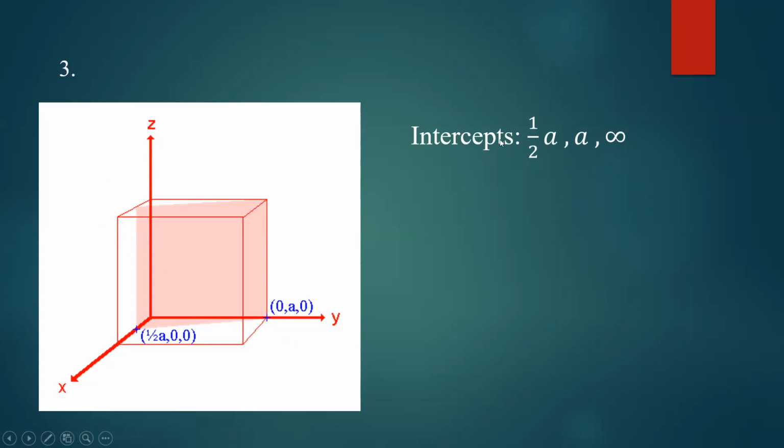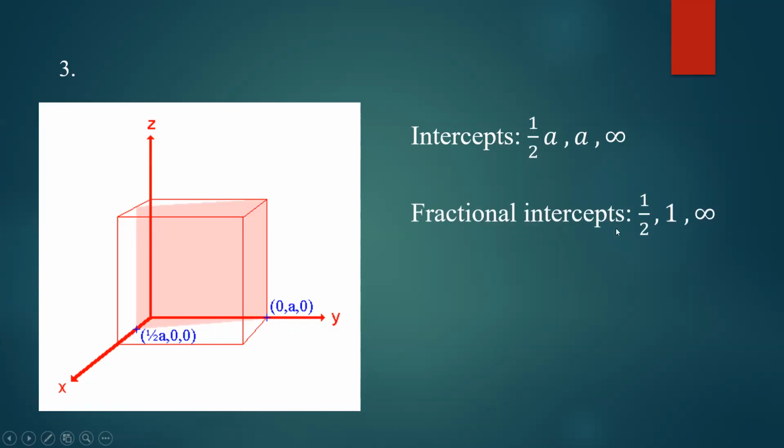Now take the fractional intercepts, that is, multiples of a. You have to take the multiple. The fractional intercepts are 1/2 with respect to the x-axis, 1 with respect to the y-axis, and infinity with respect to the z-axis.